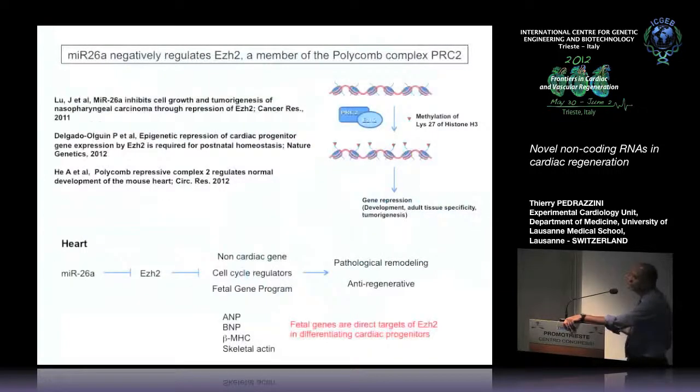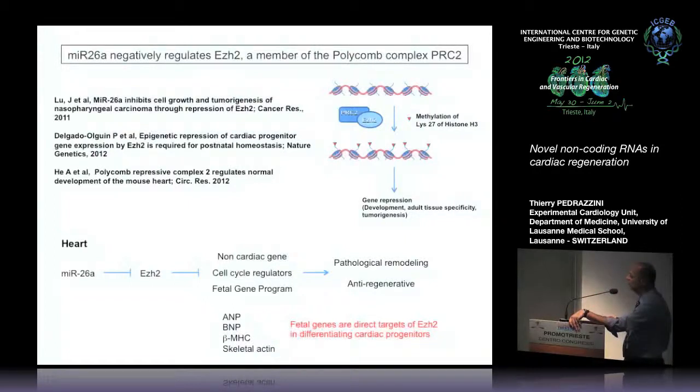Now, the second important target of miR26A that has been described is ICGEB. And ICGEB is a member of the polycomb complex PRC2. Now, this protein has been recently shown by two groups to be important in the heart during development, but also in postnatal cardiac homeostasis.